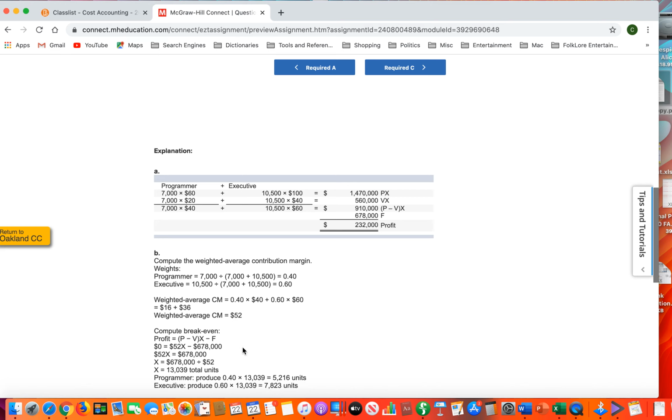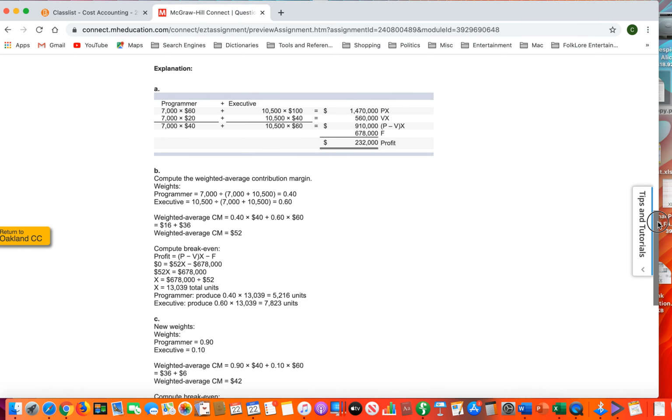You take the fixed cost, 678,000 divided by 52, and you'll get 13,039 bags. And then multiply it by 60% again, and that's how many units to break even per bag. Okay.